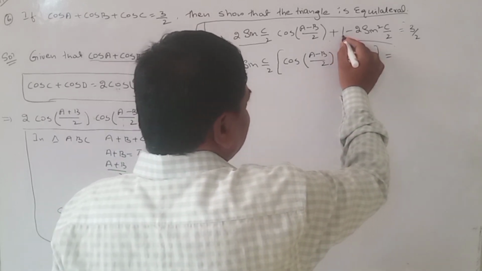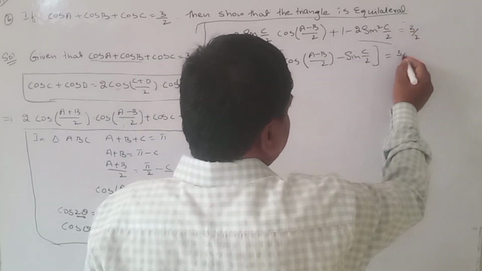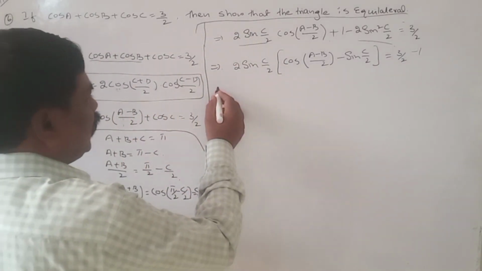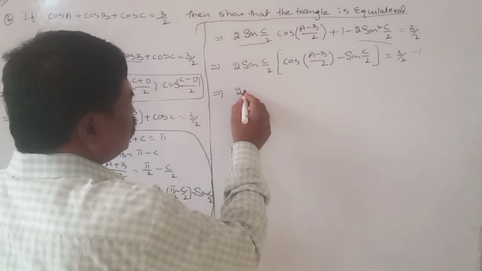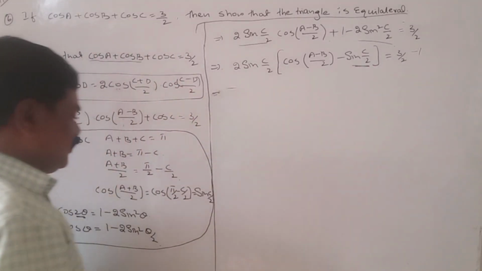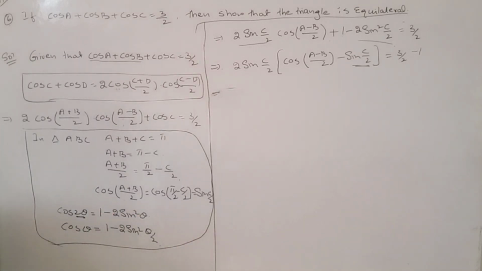is equal to, taking the 1 to the other side, 3 by 2 minus 1. So what we will have is 2 into sin C by 2. What is sin C by 2? Sin C by 2 is equal to cos of (A plus B) by 2.